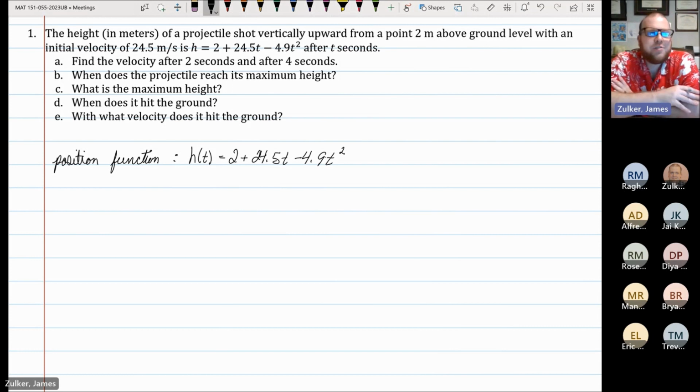Right, so that h is called the position function. And it's going to give us, in this case, a height off the ground, but it gives us the projectile's position at t seconds.